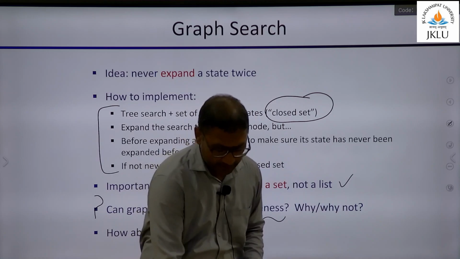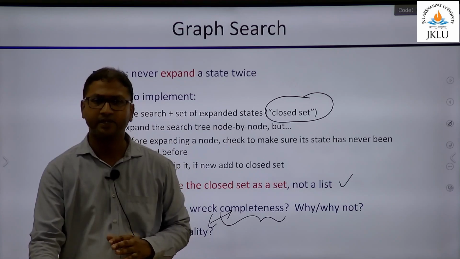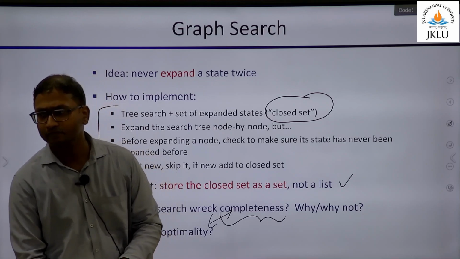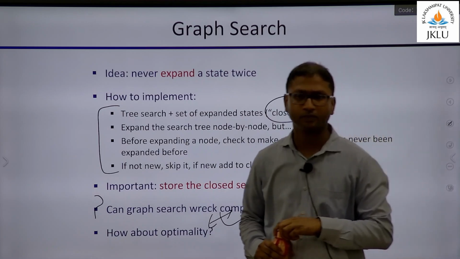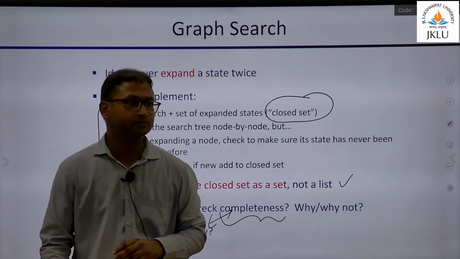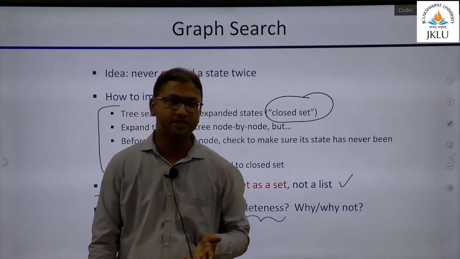See, as a computer scientist, when you design an algorithm, the first thing of interest is correctness. Will it break the algorithm? What does breaking the algorithm mean in this case?